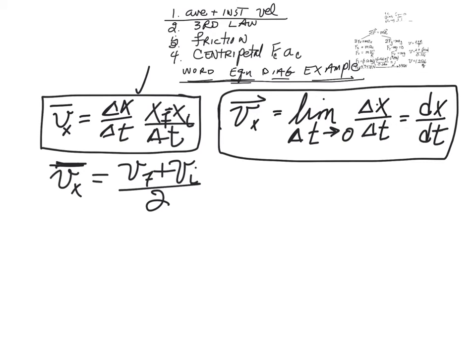So the first thing you should do if you're answering this question is write down these two equations and then put some words into them, like I just did. And now you want a diagram and an example.